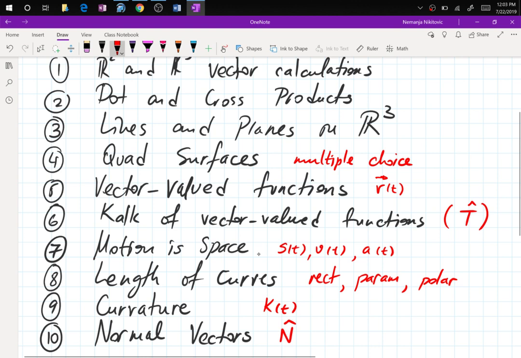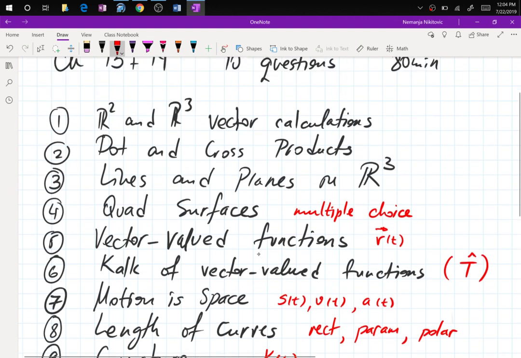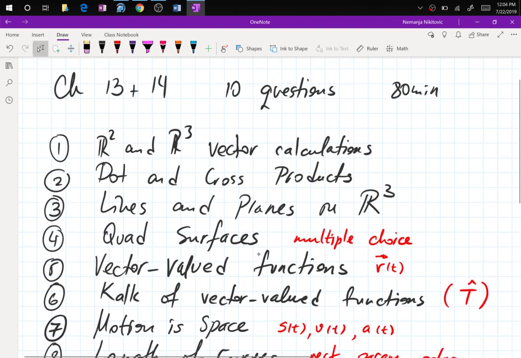Lines in space, lines are linear. Do not have any x squares, y squares, any of that stuff, guys. You only are allowed to have x, y, z. That's it. X, y, z, no squares. Dot product. This is not just a dot product, also the angle between vectors.